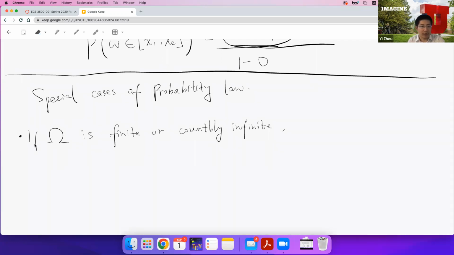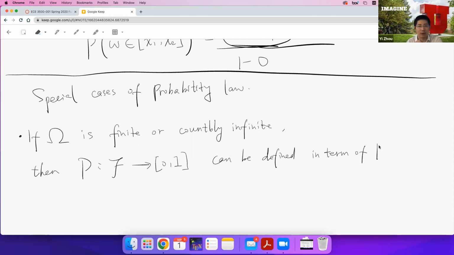So if this is finite or countably infinite, then the probability law, which maps the events on the sigma field to 0 and 1, can be defined in terms of the classic way.